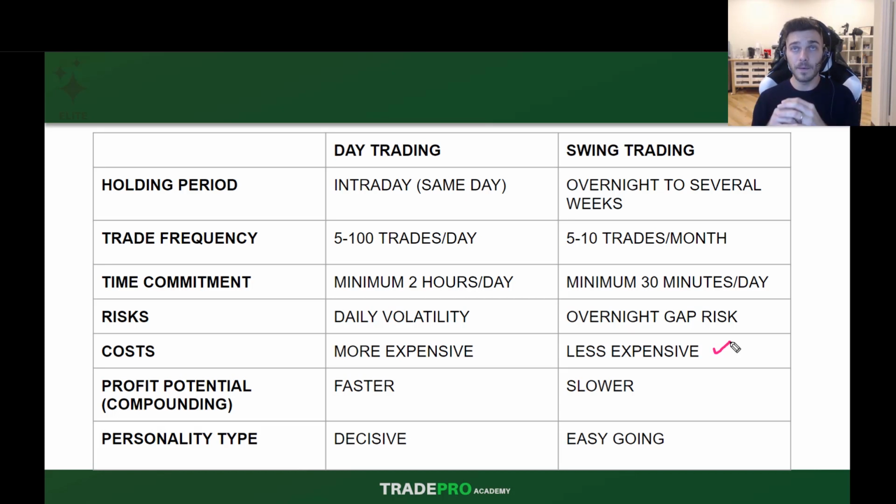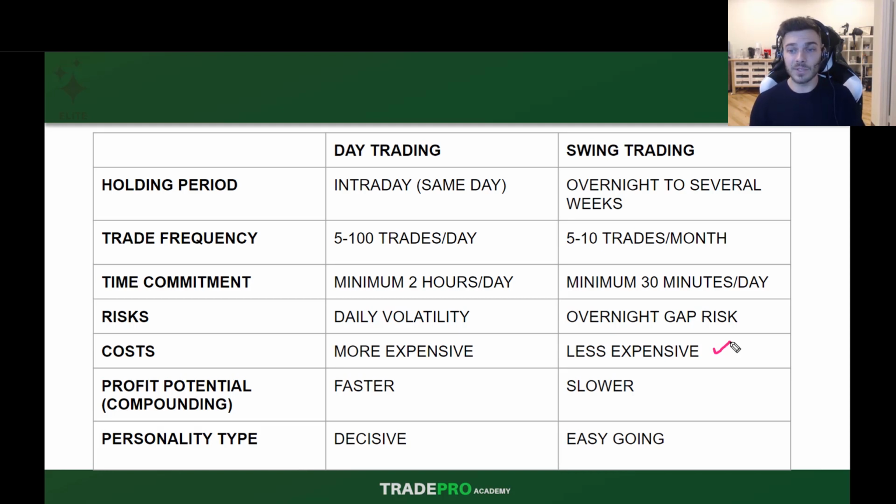What swing traders need is a lot less intensive than what day traders need, which means it's cheaper. As long as you have a price chart, volume and volume profile, that's really all you need as a swing trader in order to succeed.